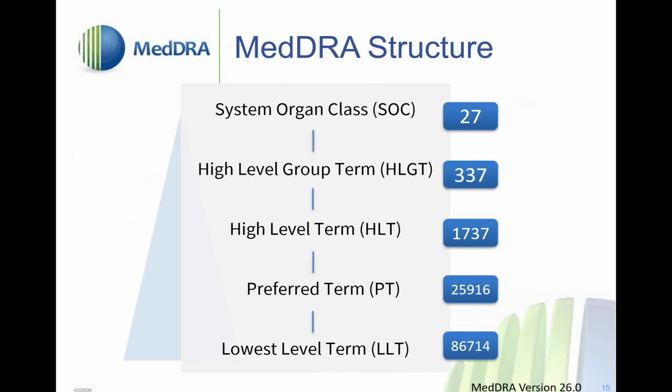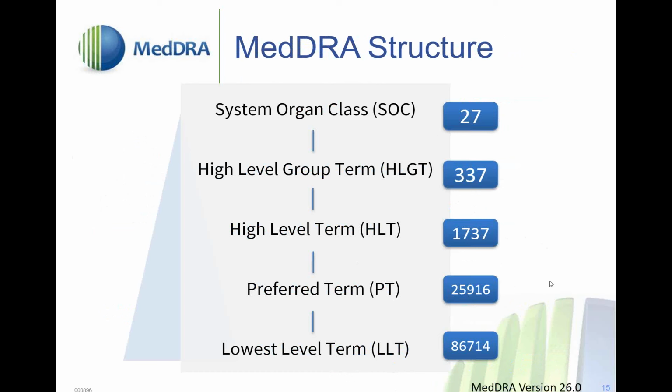Okay, so the structure of MedDRA, the way MedDRA is built, it's a hierarchy system. It has 5 levels, and you can either approach MedDRA from a top-down approach or a bottom-up approach. Each level is subordinate to the one that is above it. So all these LLTs at the bottom are subordinate to the PTs above them.